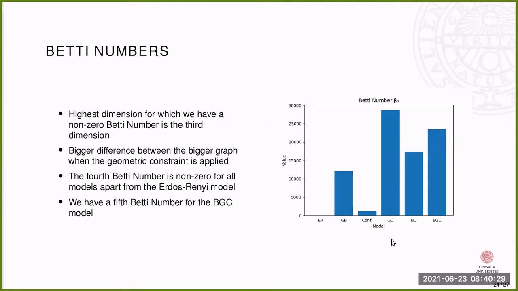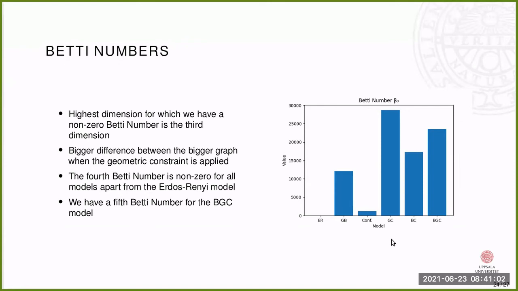No, so I did maybe 50 instances for each model, and took an average. But what was the deviation between models? Because these Betti numbers tend to be very unstable. Right.